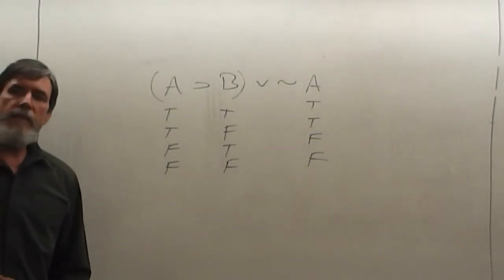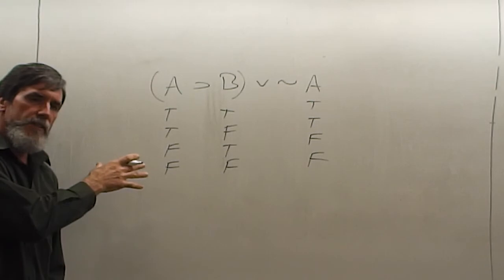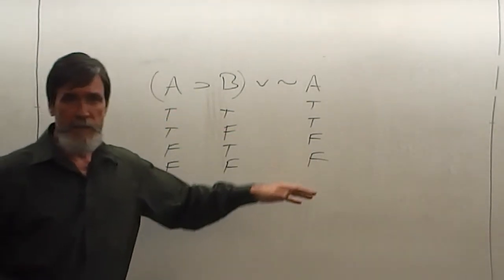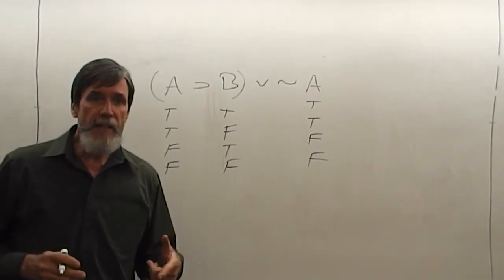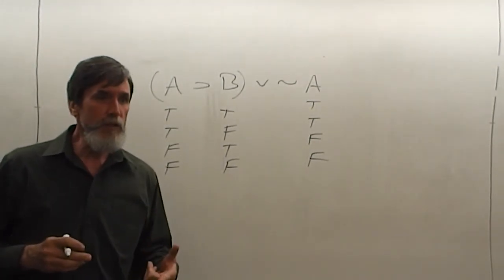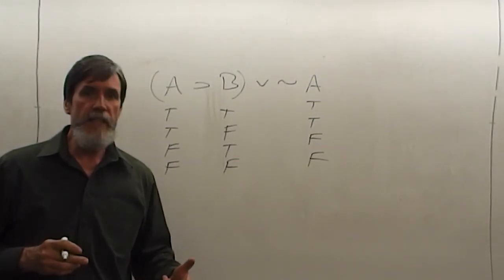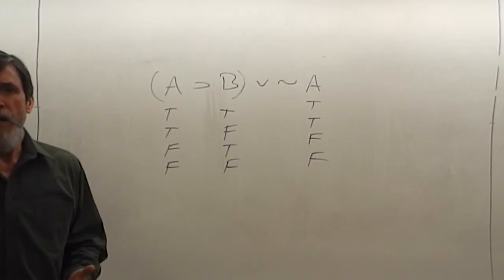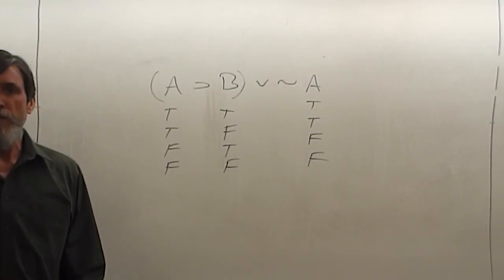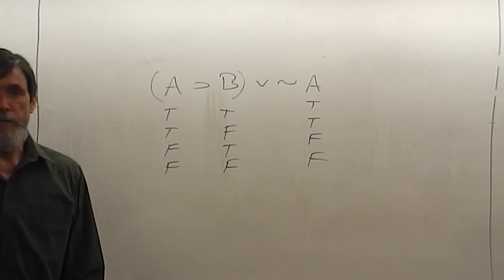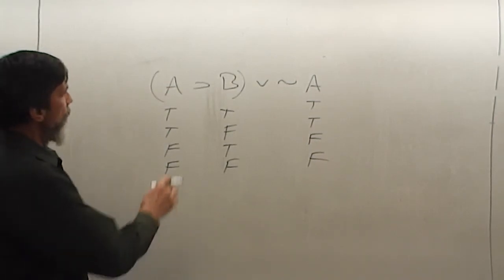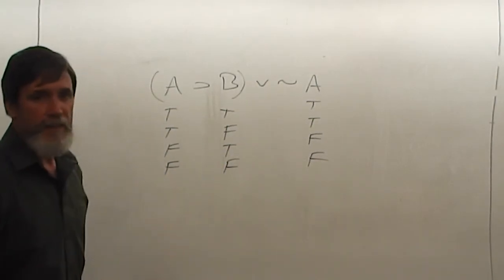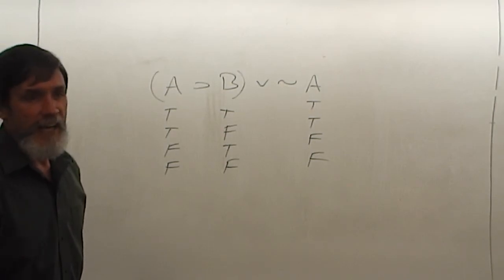Okay, to complete the columns under every symbol in this compound statement, you obviously have to begin with the initial columns under the letters. But then you have to find the next most complex symbol to proceed to. By next most complex, I mean, you could look at it this way. What symbol can I now determine the truth value of given what's already up there on the board? Well, there are 3 symbols remaining, right? And I would say 2 of them can be done at this time.